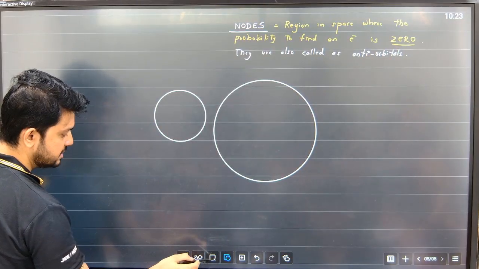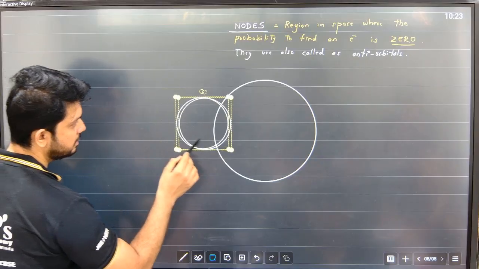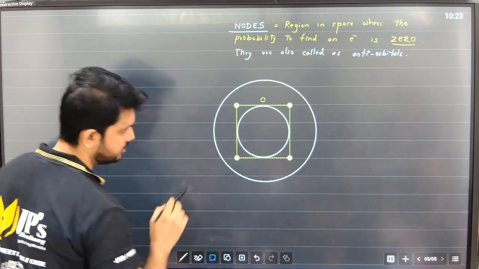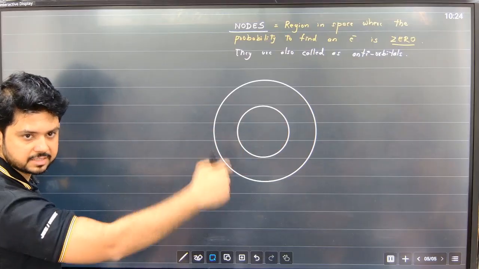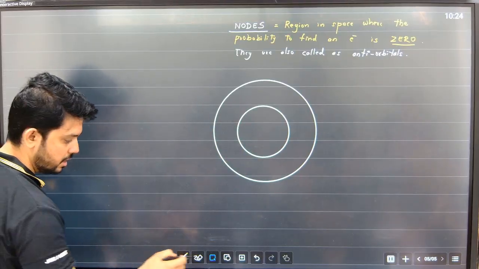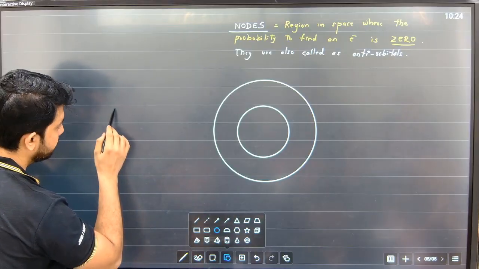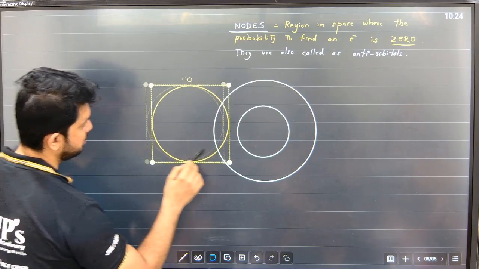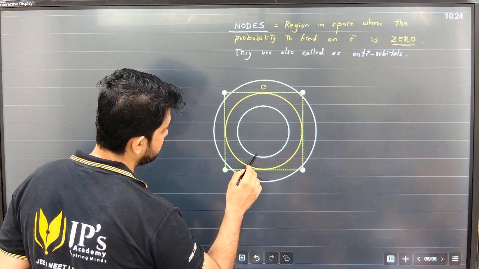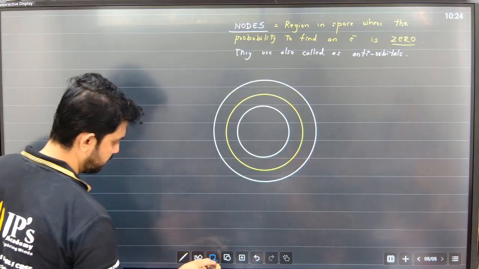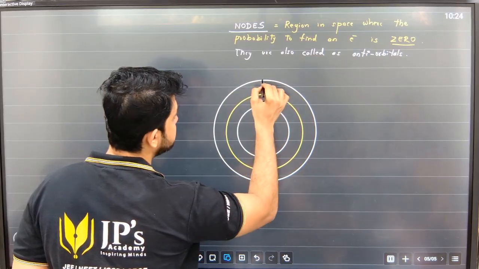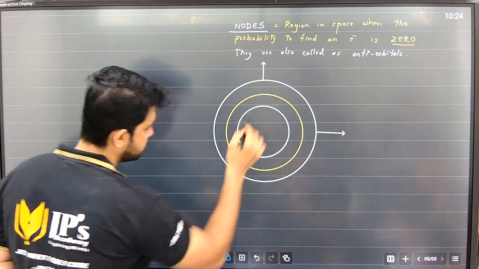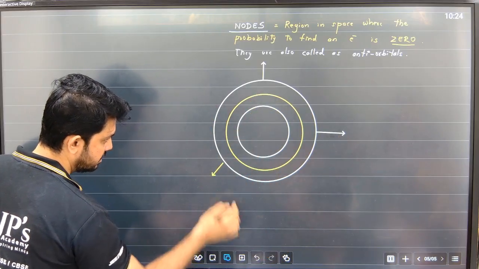Now it's obvious that 1s is within 2s. बीच में न्यूक्लियस है, पहले 1s आएगा and then 2s. What was observed is that, remember, center में is the nucleus, x-axis, y-axis and z-axis.